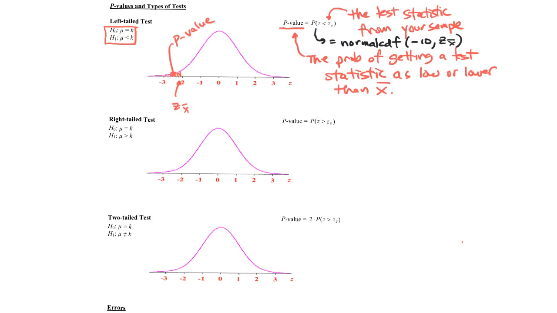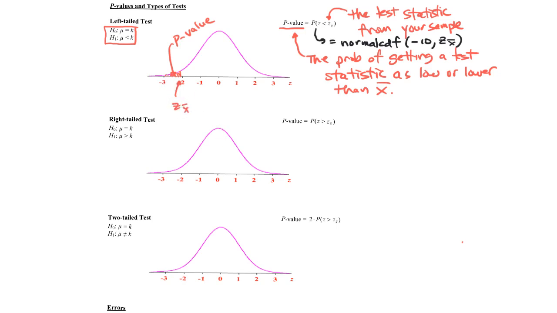So every time you have one of these null hypotheses where mu equals k, and the alternate hypothesis where the mean is less than k, whenever it's a less than, we're going to have this normal CDF because it's going to be a left-tailed test. We're over here. So to find the area under this curve, we have normal CDF with -10 to whatever our z-score is for our sample, because we're going to be getting this area. So it's called the left-tailed test because of that.